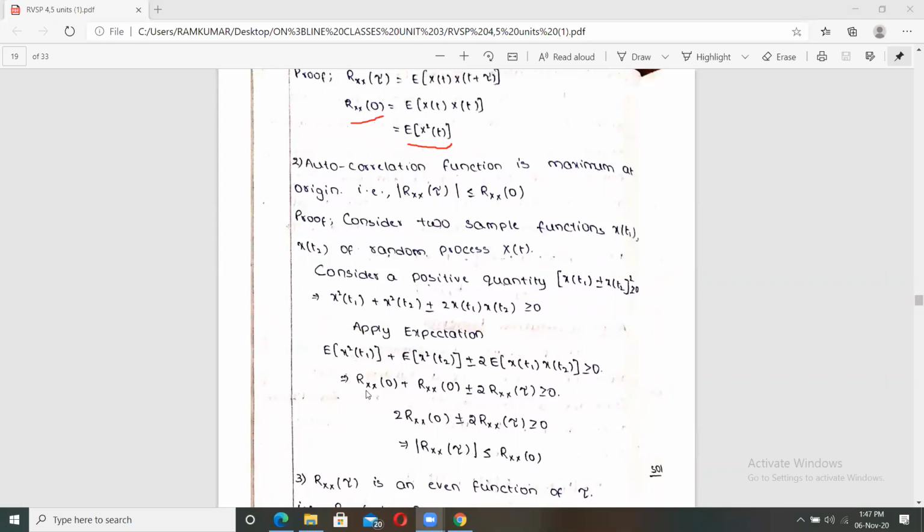Then substitute here, which is nothing but R suffix double x of 0 plus R suffix double x of 0 plus or minus 2 into, this is the formula for the autocorrelation function R suffix double x of tau, that is greater than or equal to 0. Then 2 into R suffix double x of 0 plus or minus 2 into R suffix double x of tau is greater than or equal to 0. Now solve this, you can get this equation.